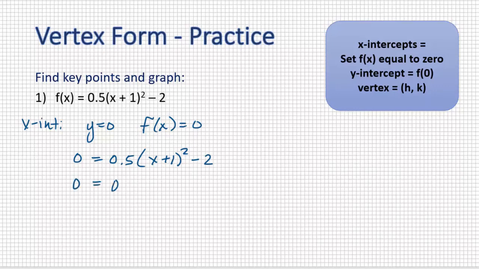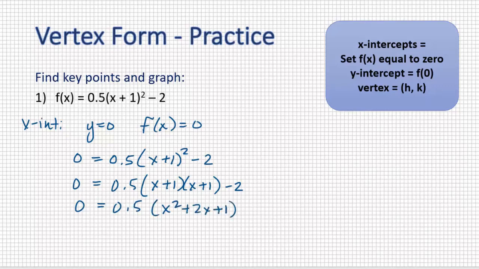So we have 0 is equal to 0.5, and then x plus 1 squared, of course, means that we need to take that binomial and multiply it. We have 0.5 times x squared plus 2x plus 1. If you're not sure where I get that middle 2x from, try multiplying those binomials yourself. The minus 2 on the end.